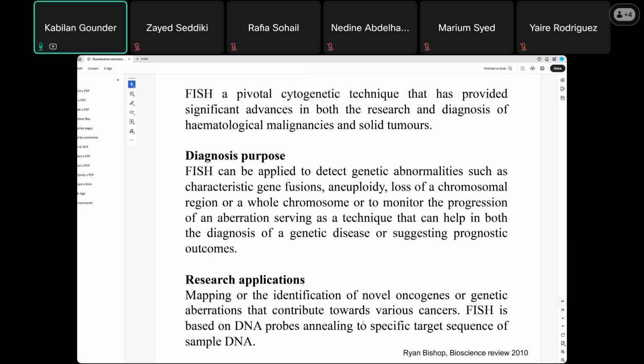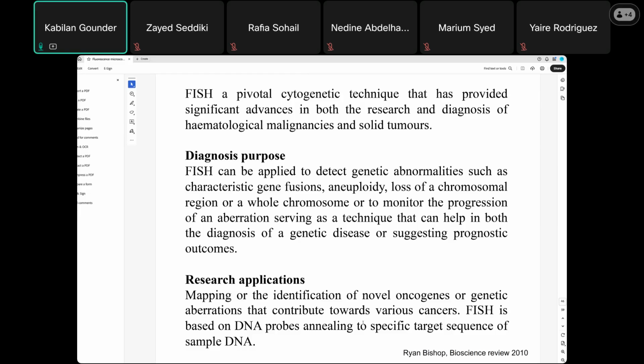So we can use this technique in two ways. One is a diagnostic purpose, the other one is a research application. For the diagnostic purpose, if there are any abnormalities in the chromosomes and other genetic abnormalities, you are able to detect them using this technique.